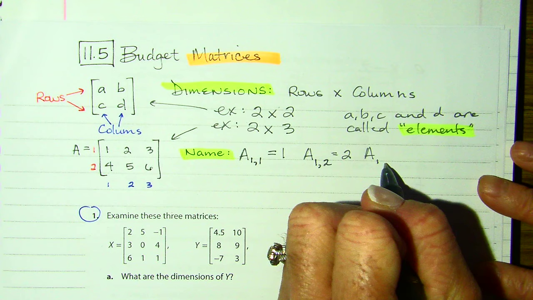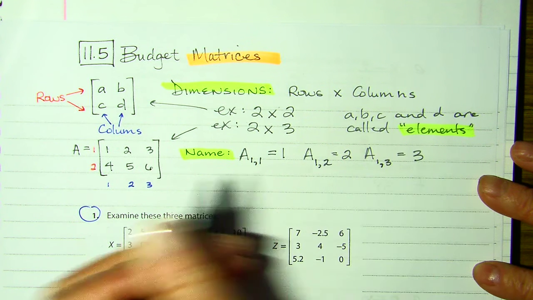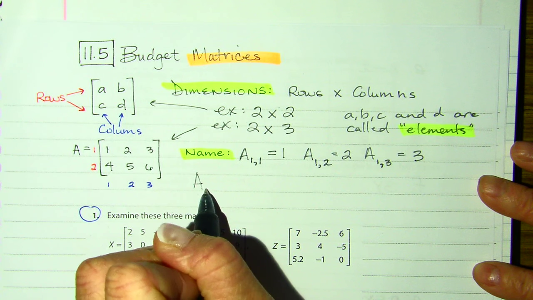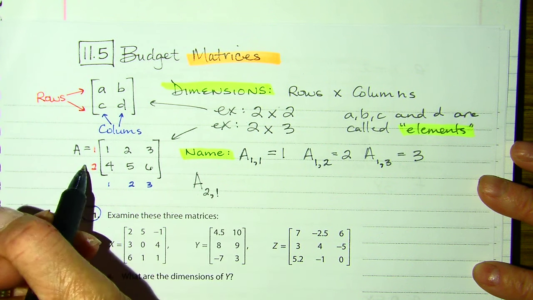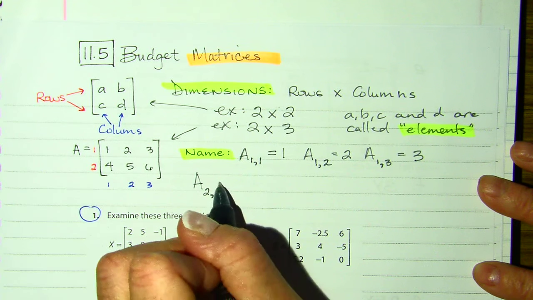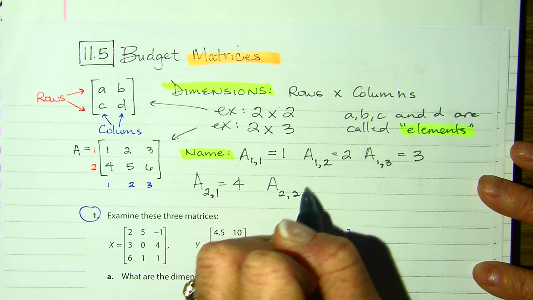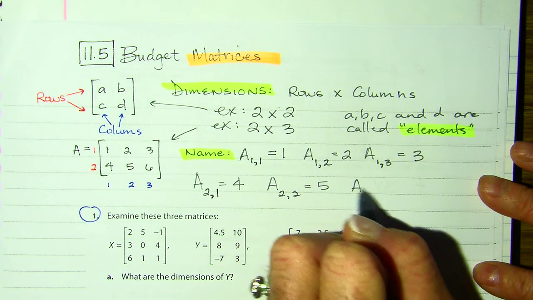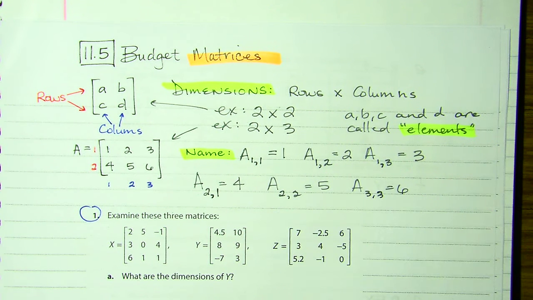A, row 1, column 3, that equals 3. And then move on to row 2. So row 2, column 1 is 4. A, row 2, column 2 is 5. And A, row 2, column 3 is 6.